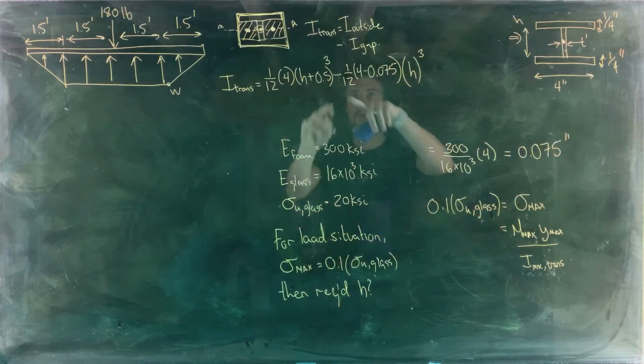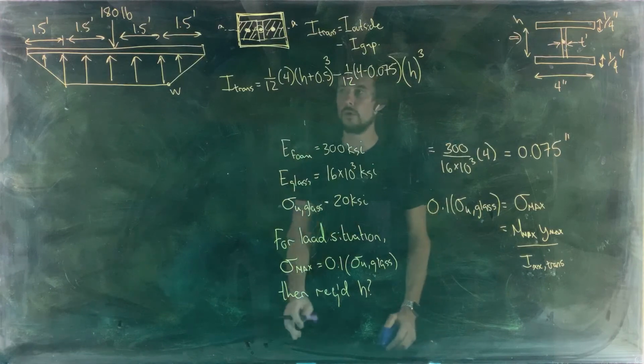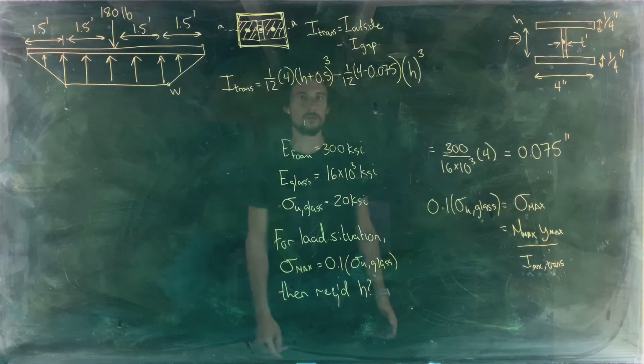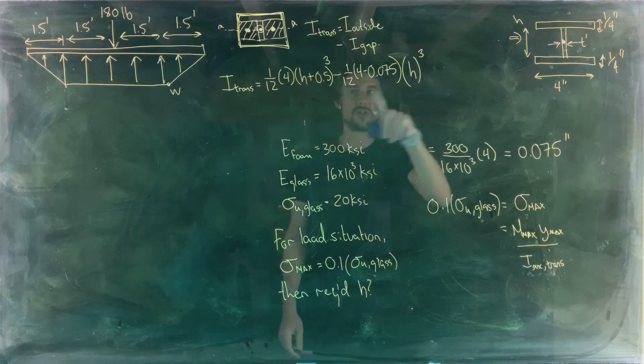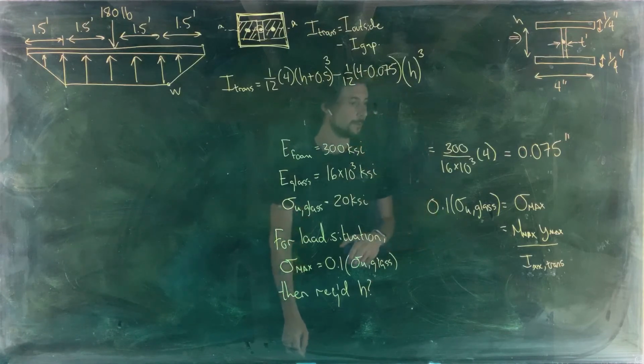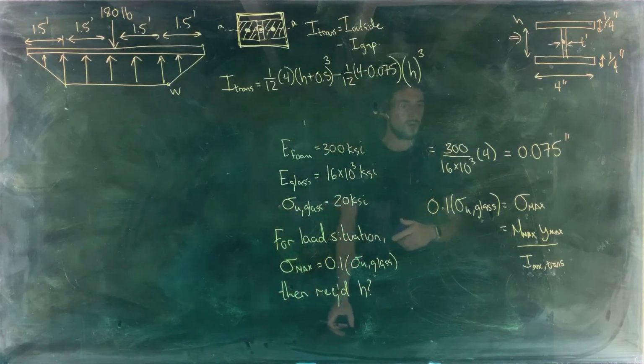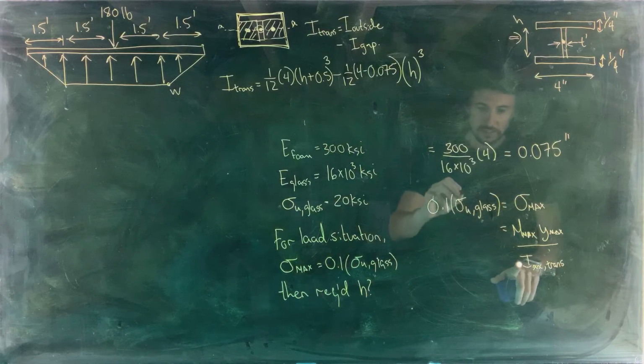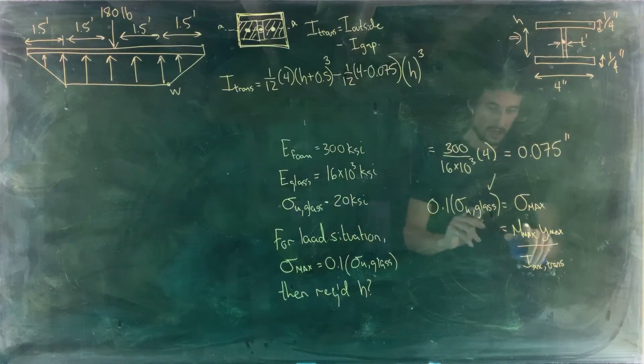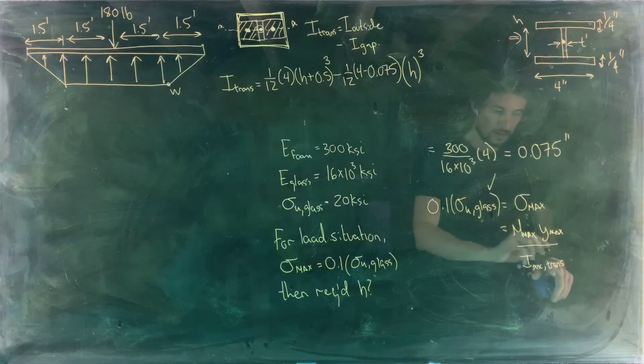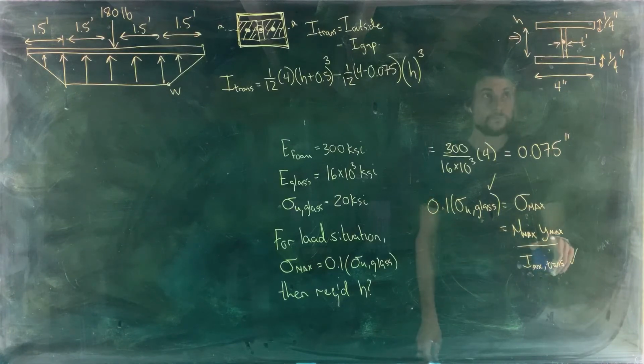So there's our expression for I for the transformed beam. It's got the h's in it that we're looking for. So we've got this side of the equation done. We've got I for the transformed beam figured out.